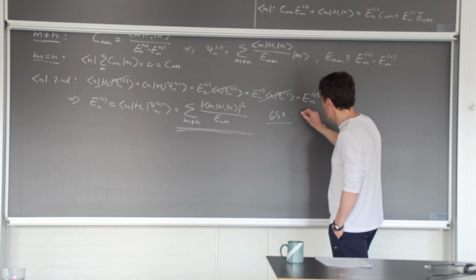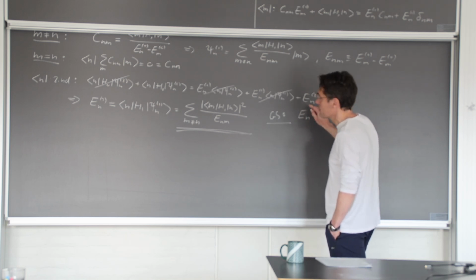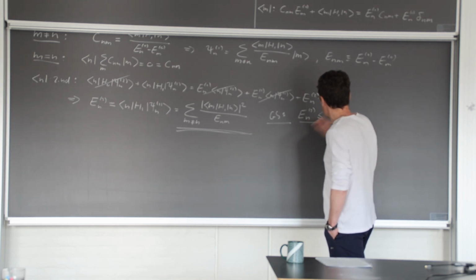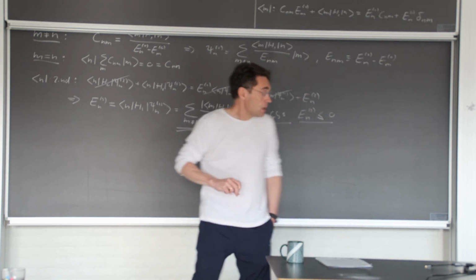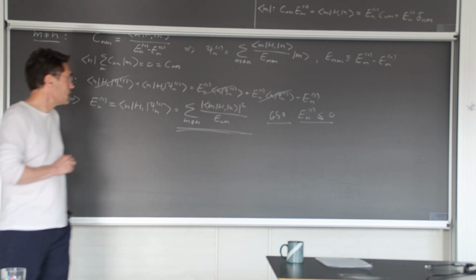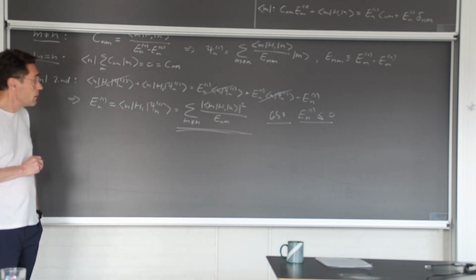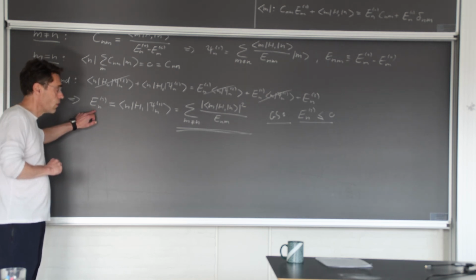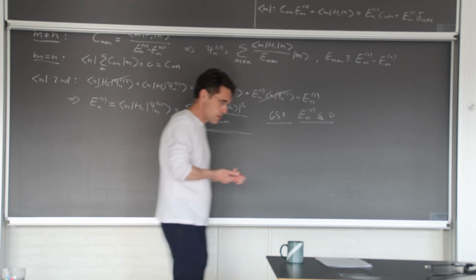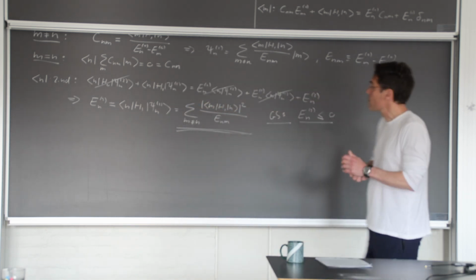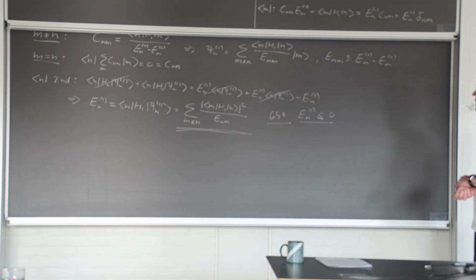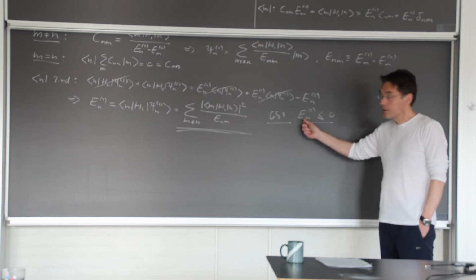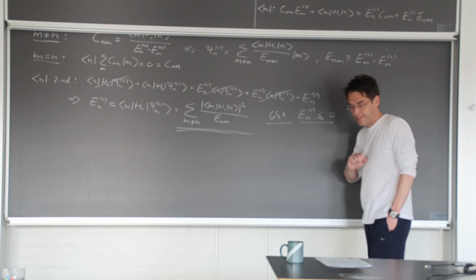So for the ground state, no matter what the perturbation is, it could be zero, but otherwise it's definitely not positive. So every perturbation will lower the energy at second order. And in many, many cases, the first order correction is actually zero by symmetry. So this is the dominant correction, and you'll see that for the ground state, it will always lower the energy.